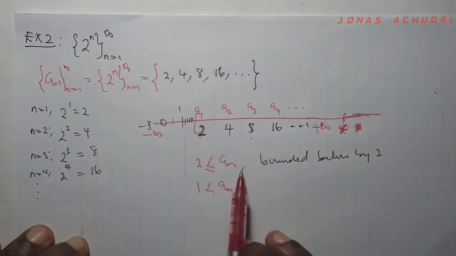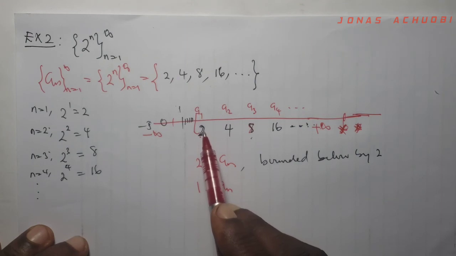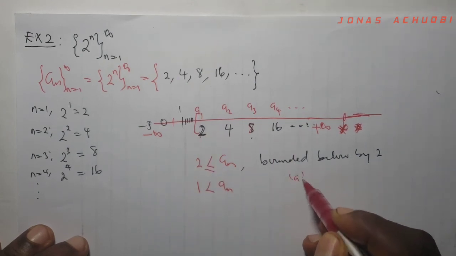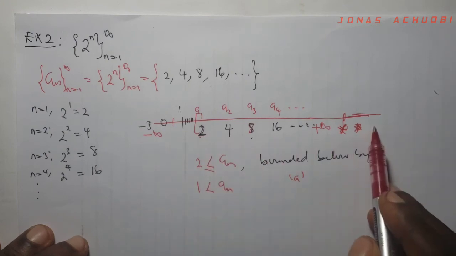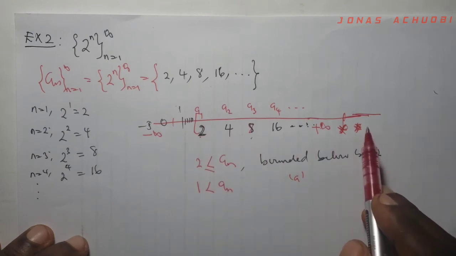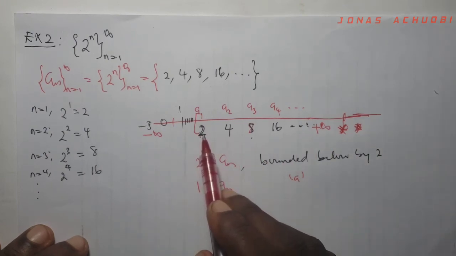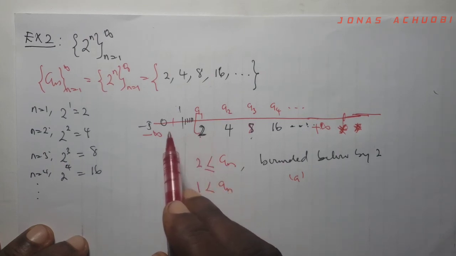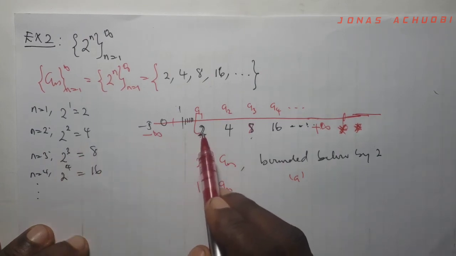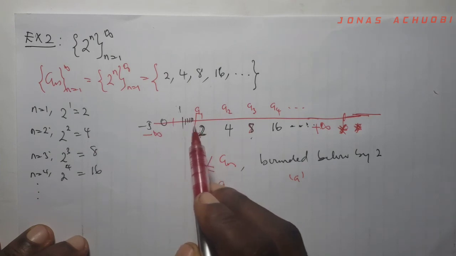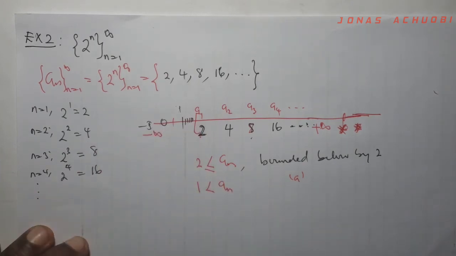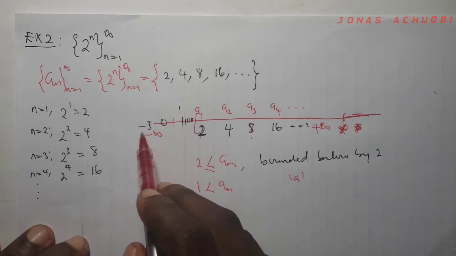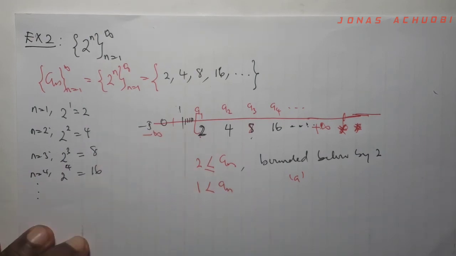For this sequence we had agreed that 2 was a lower bound, since 2 was less than or equal to all the terms of the sequence. I also explained that there are several other lower bounds apart from 2. For example, 1 is a lower bound, 0 is a lower bound, all the negative integers are lower bounds. In fact, all the negative real numbers are lower bounds, and so on and so forth.